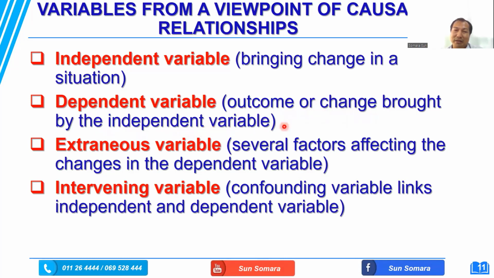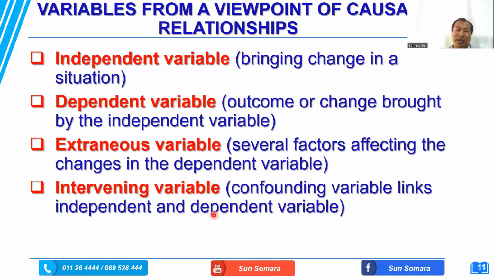You got that clearly, right? We have extraneous variables: several factors affecting the changes in the dependent variable, besides the independent variable.